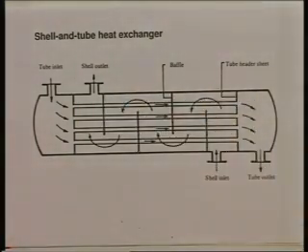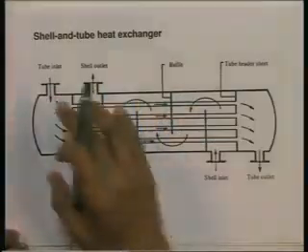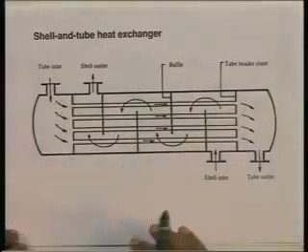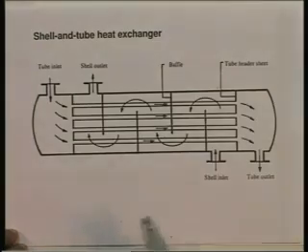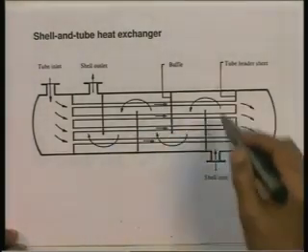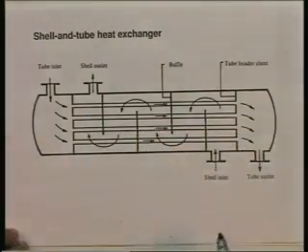So, these are the main elements of a shell and tube heat exchanger. I repeat: a bundle of tubes enclosed within a shell, the tube header sheets, the front and the rear end heads, the nozzles, 4 of them, and baffles which ensure a good flow of the shell side fluid on the shell side.